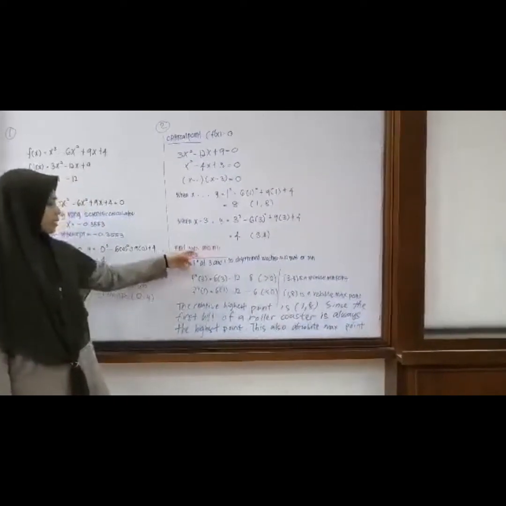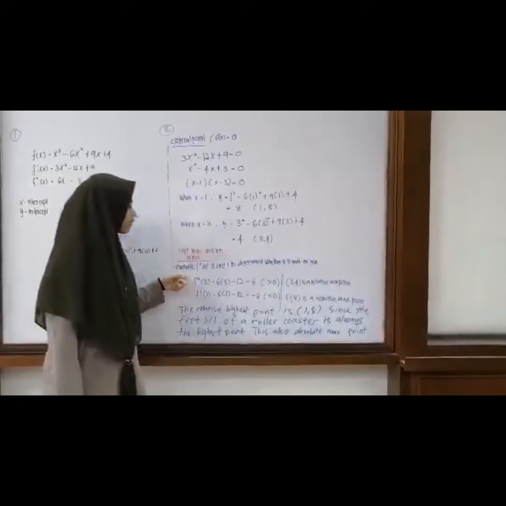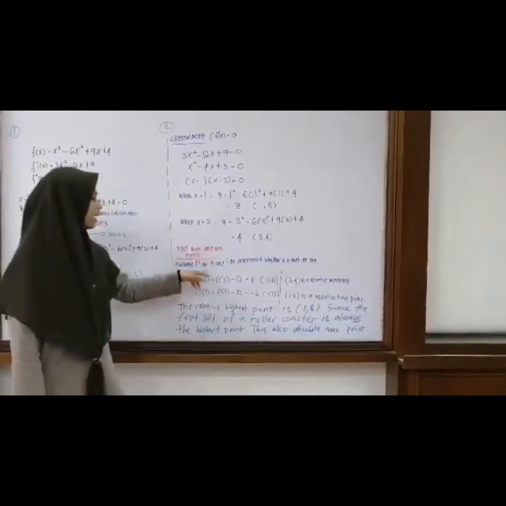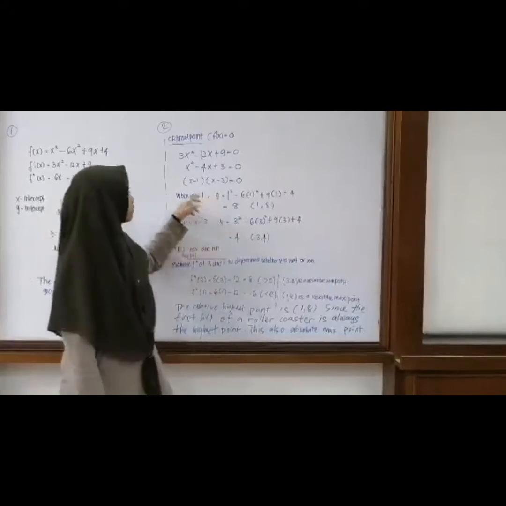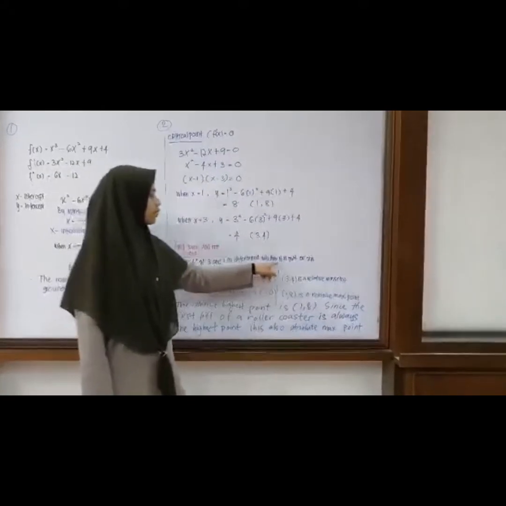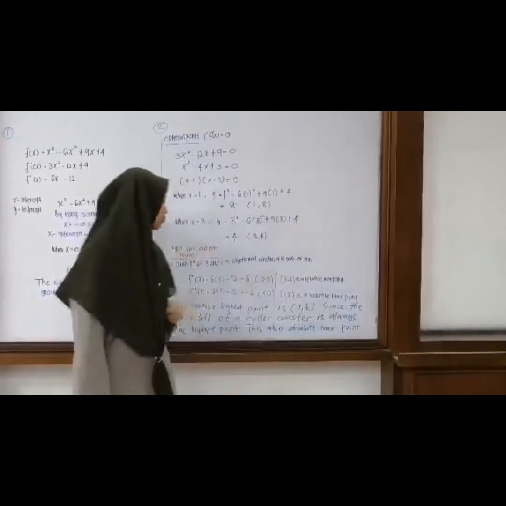To find maximum and minimum point, evaluate the second derivative at 3 and 1 to determine whether it is maximum or minimum.